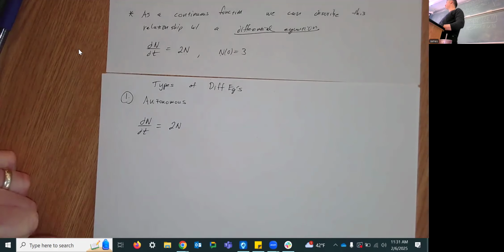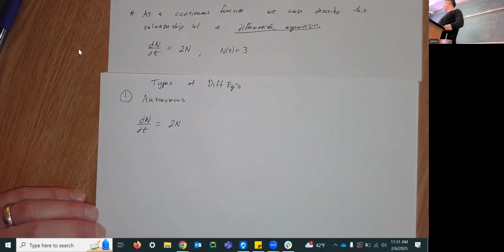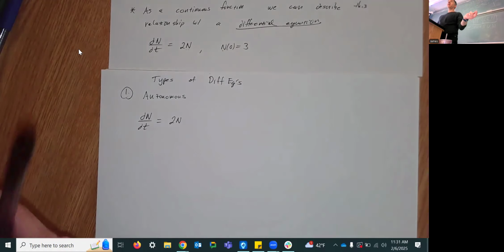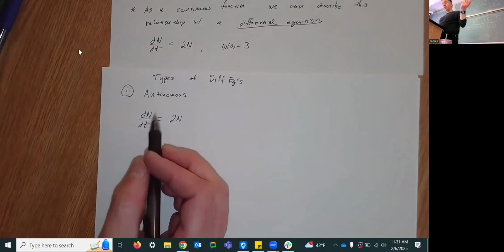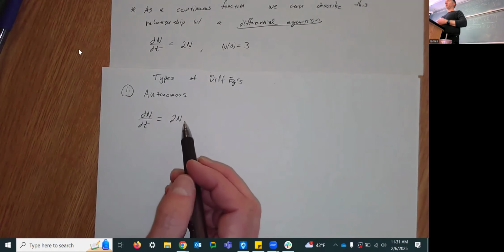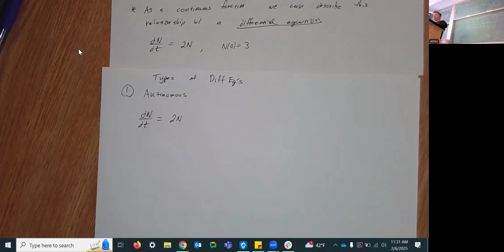I will also point out that this is exactly the kind of differential equation that leads to exponential growth. Because what we're saying here is the rate of change of the population is 2 times the population size. So if the population gets bigger, the population starts growing faster, and then it gets bigger, and then it grows faster.